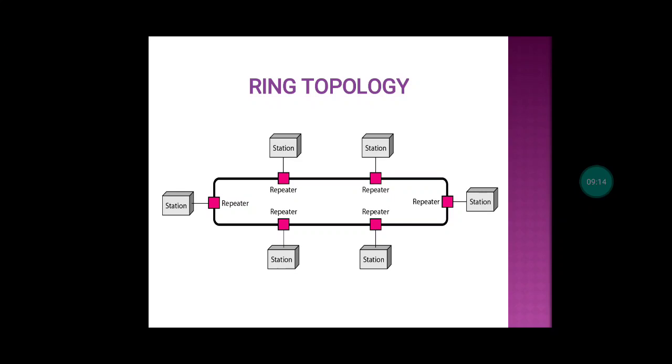Because if one station wants to send to the fifth station, then the information will be passed through multiple other stations, and if it is not regenerated, then there will be the chance of signal loss again, the bit loss again. So in order to maintain the integrity and the consistency of the message, we need to regenerate the signal. So that is why repeaters are incorporated in every station.